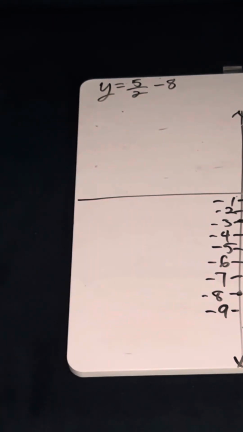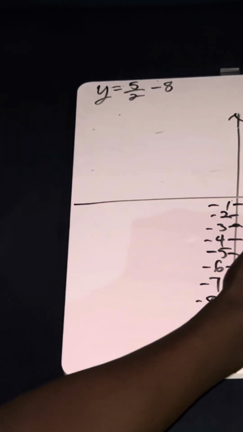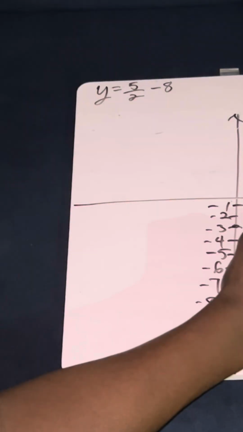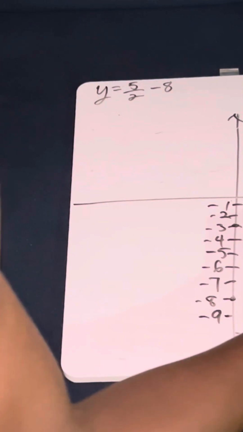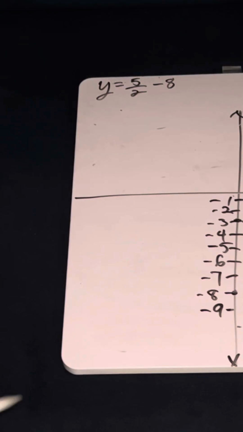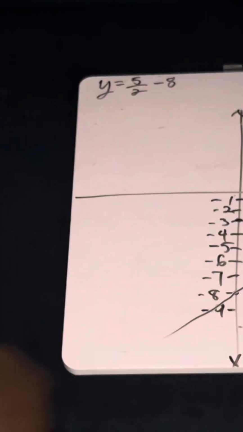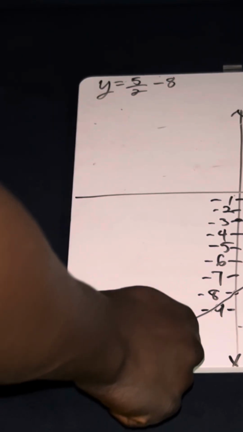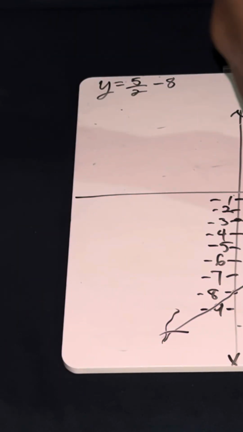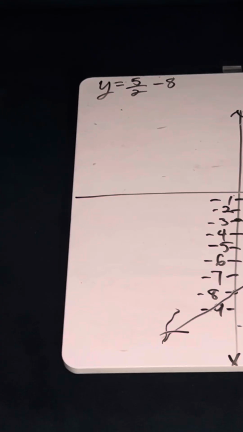And we also move right 2 times, which is 1, 2. So our next point will be placed here, and the line will move through it this way, and we graph this on the line. This is the final answer. This is the end of our beautiful presentation.